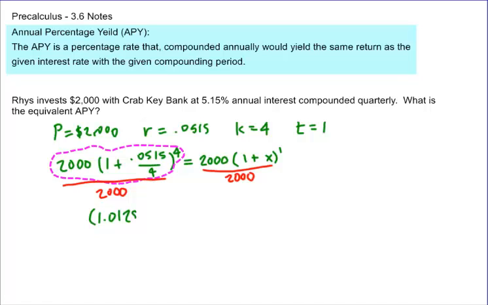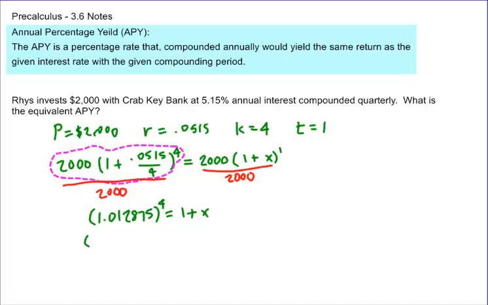1.012875. And I'm going to list the whole decimal so that I have a good rounding for my final decimal answer. And this is going to be equal to 1 plus x. Okay? And so how do you get that x all by itself?